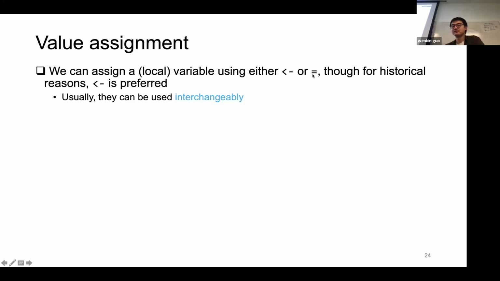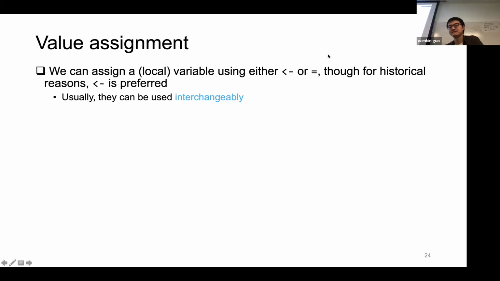Or basically you can use the equal sign. Both of them will usually give you the same results. And because of some historical reasons, the former one is preferred. But under most cases, you can use them interchangeably.